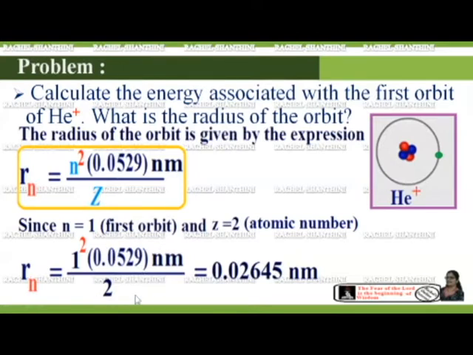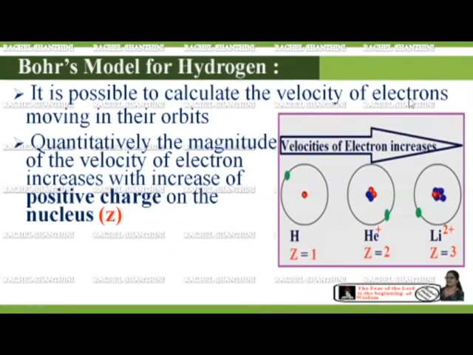If we simplify this value, we get Rn is equal to 0.02645 nanometer.